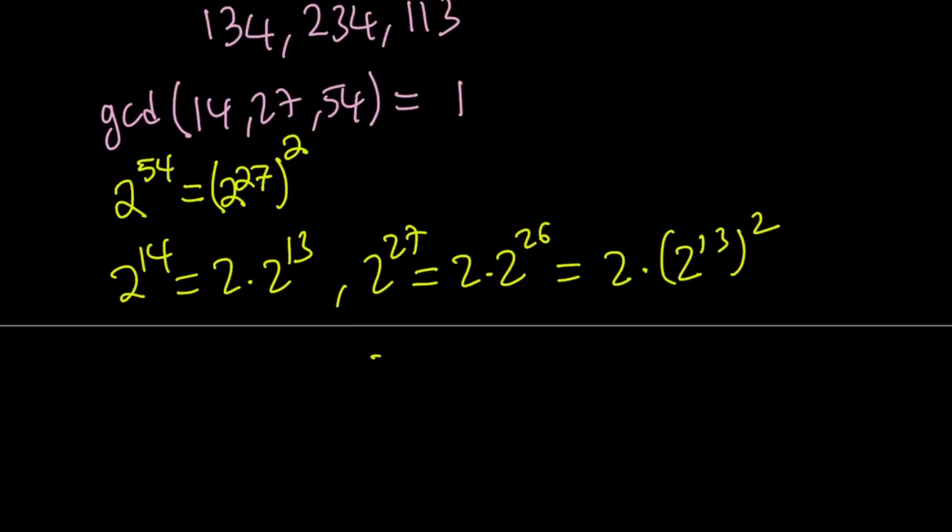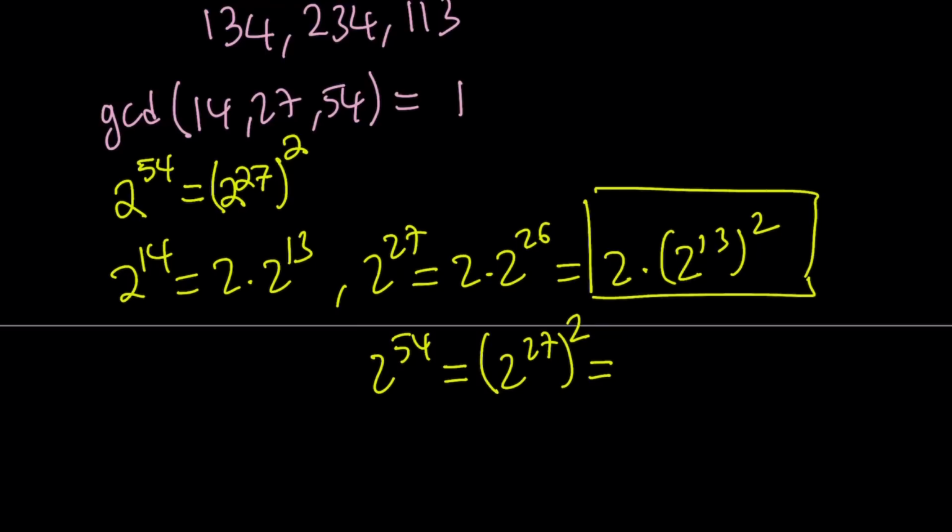And then 2 to the power 54, since it's 2 to the power 27 squared, we can square both factors and write it as 2 squared multiplied by 2 to the power 13 to the fourth power. Okay, great. So that gives us some idea about how to proceed.